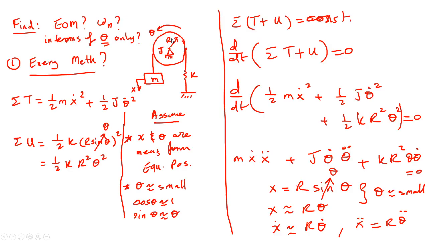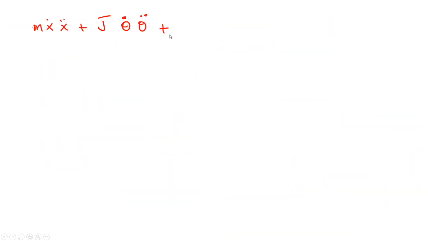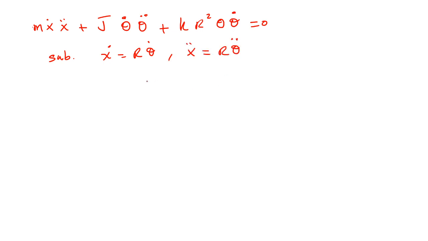plus k r squared theta dot equal to 0. Substitute x equal to r theta, x dot equal to r theta dot, and x double dot equal to r theta double dot, right?